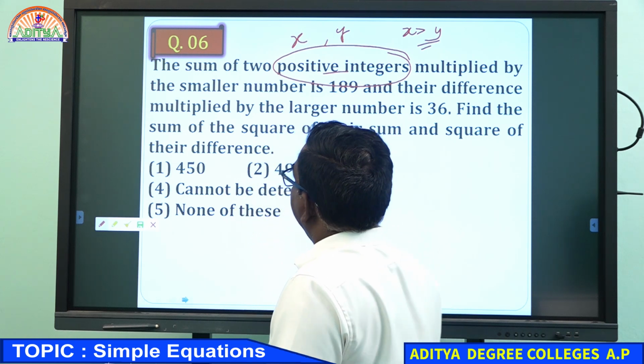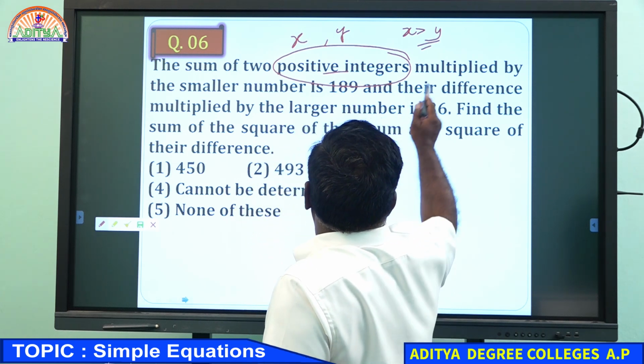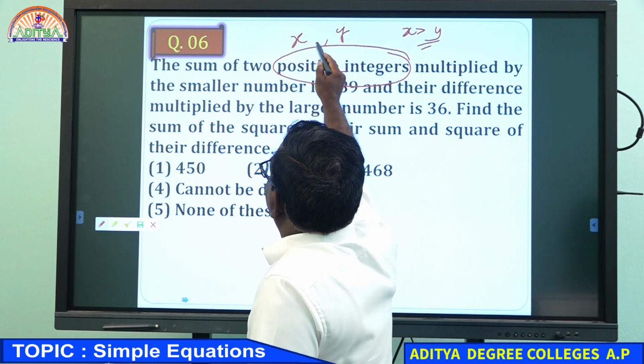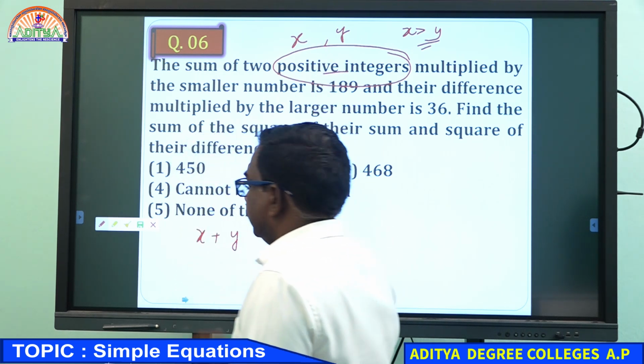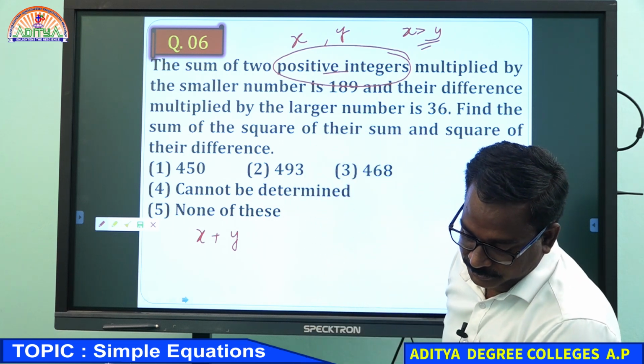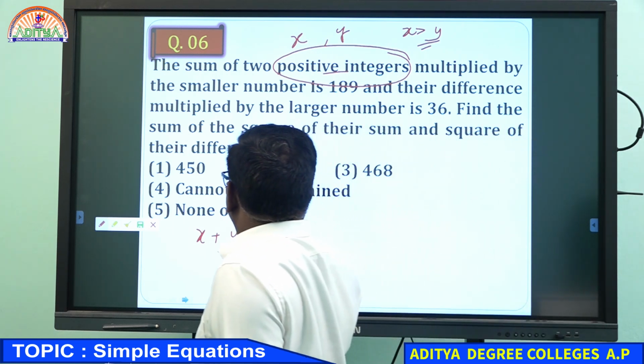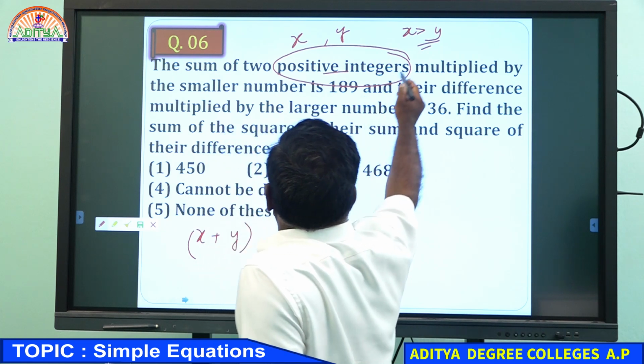See, the sum of two positive integers is multiplied by the smaller number. Suppose we take the sum as x and y. So that is multiplied by the smaller number, and we take the smaller number as y.